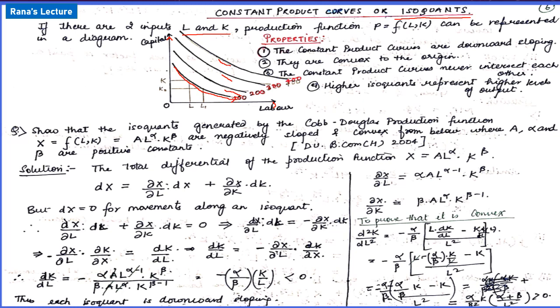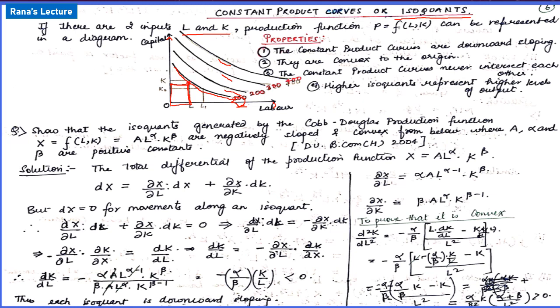This is the isoquant of 100 units. It means that any combination of labor and capital will give the same quantity, that is 100 units of output. If you use OK amount of capital and OL units of labor, this is the point over here.